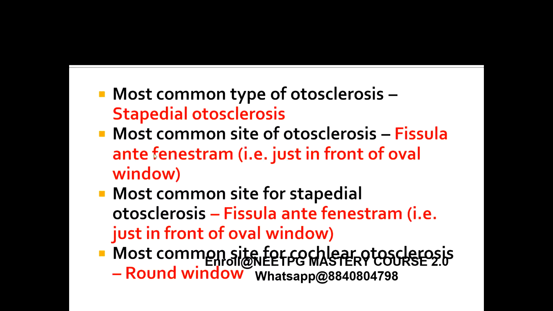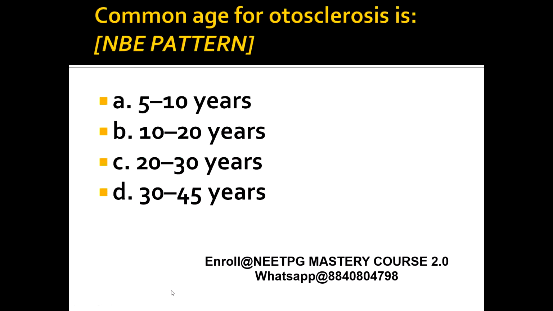Most common site is fissula ante fenestram, which is just in front of the oval window. Most common site for stapedial otosclerosis is fissula ante fenestram, and most common site for cochlear is the round window. Clear? Most common type is stapedial.